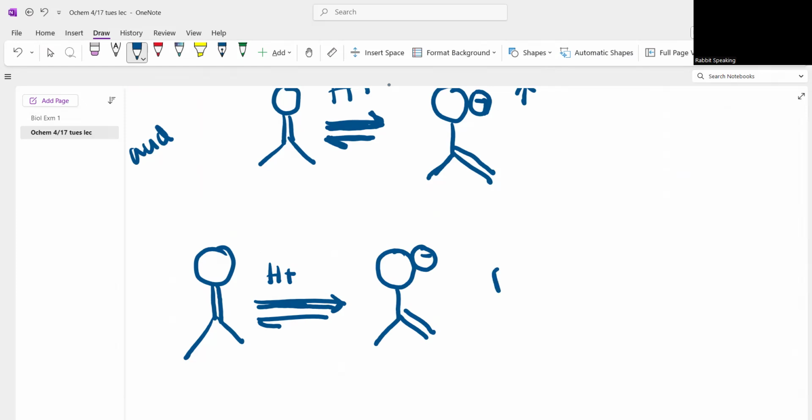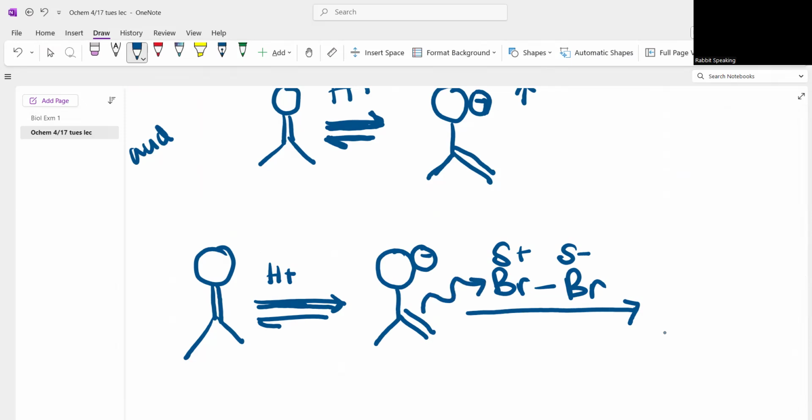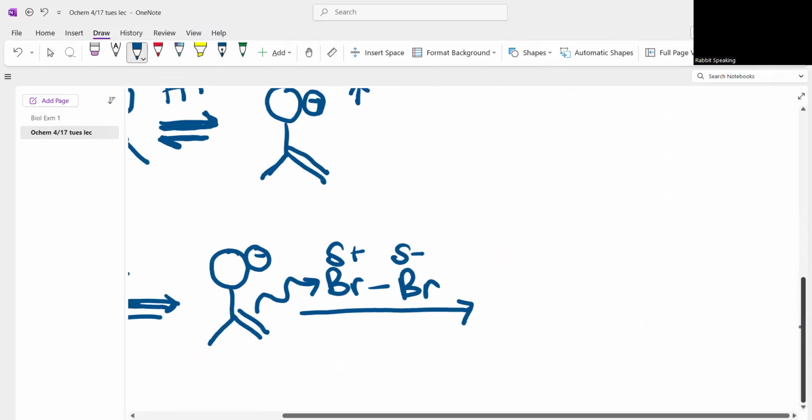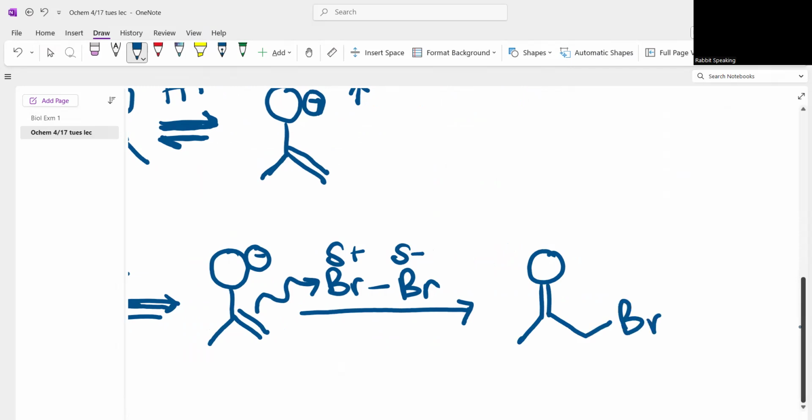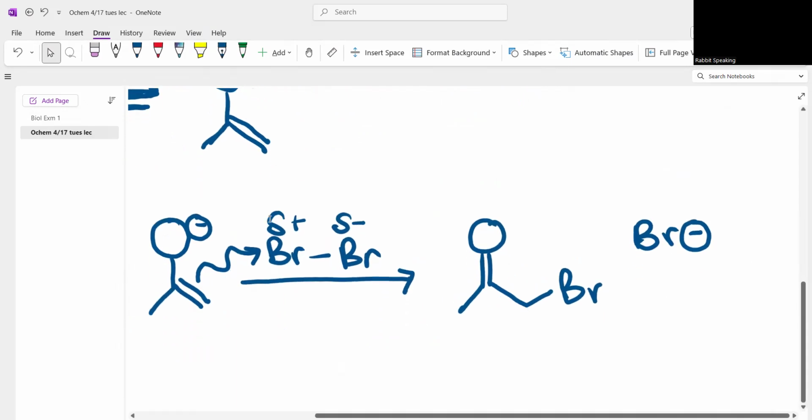If you add in Br, which will serve as our electrophile, you can get this electron density here to snap to the Br, and you can essentially brominate your ketone. So you'll end up with this, and you'll have a Br hanging around with a negative charge, and your O here is back to neutral.